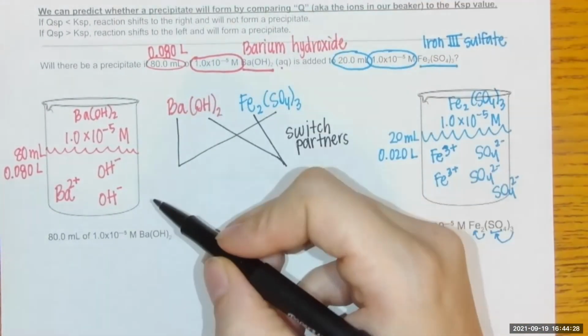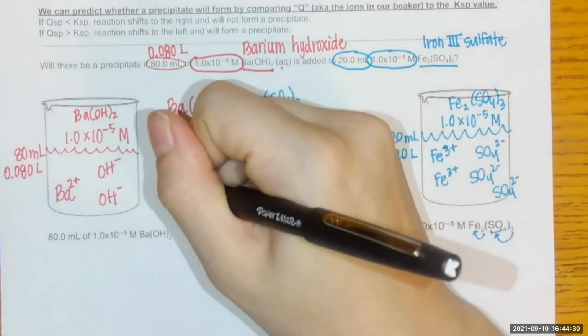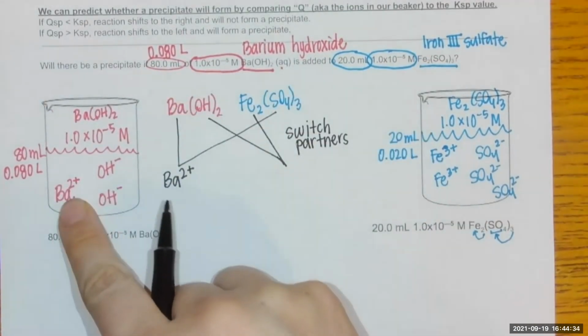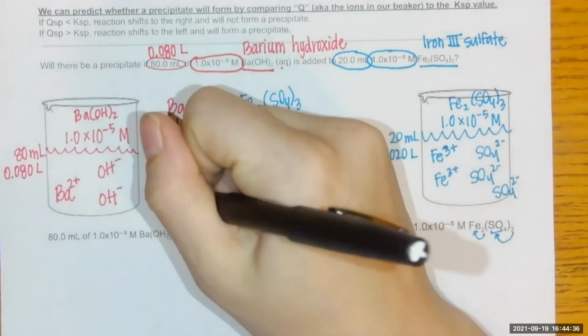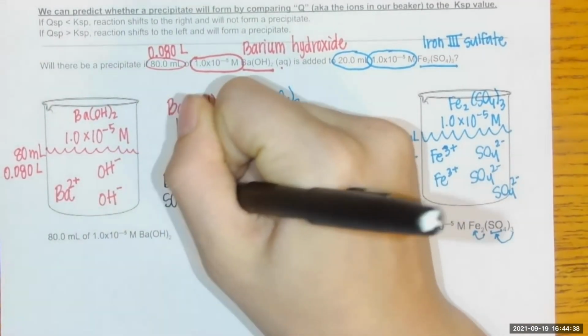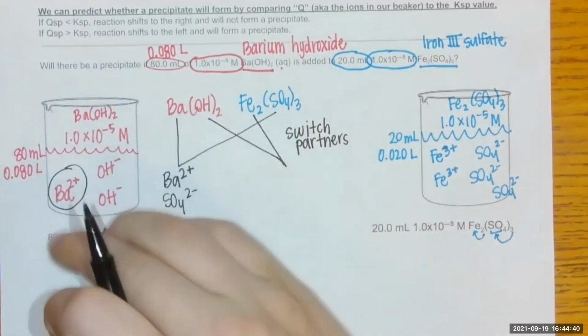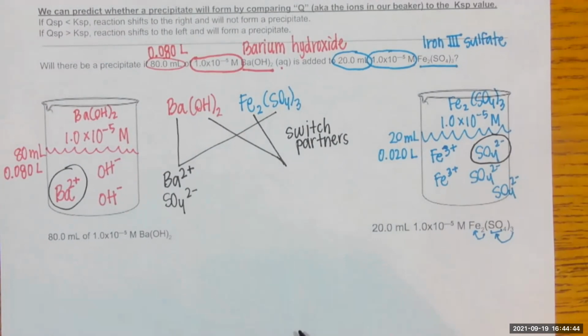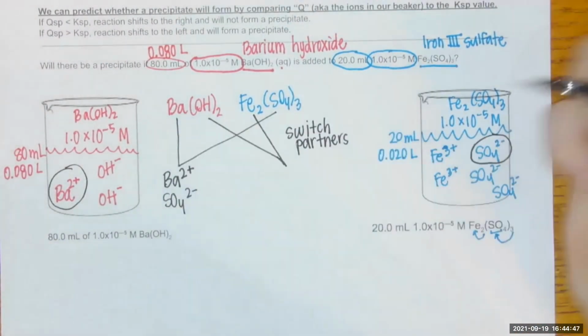So now we've got Ba combining with some of these SO4s. I'm just looking, the Ba with some of the SO4, the sulfates. Those could combine.